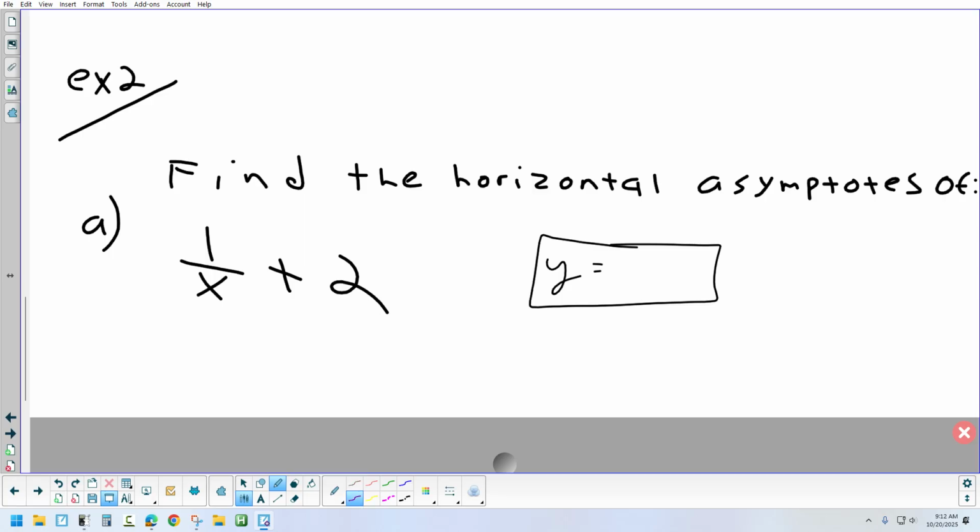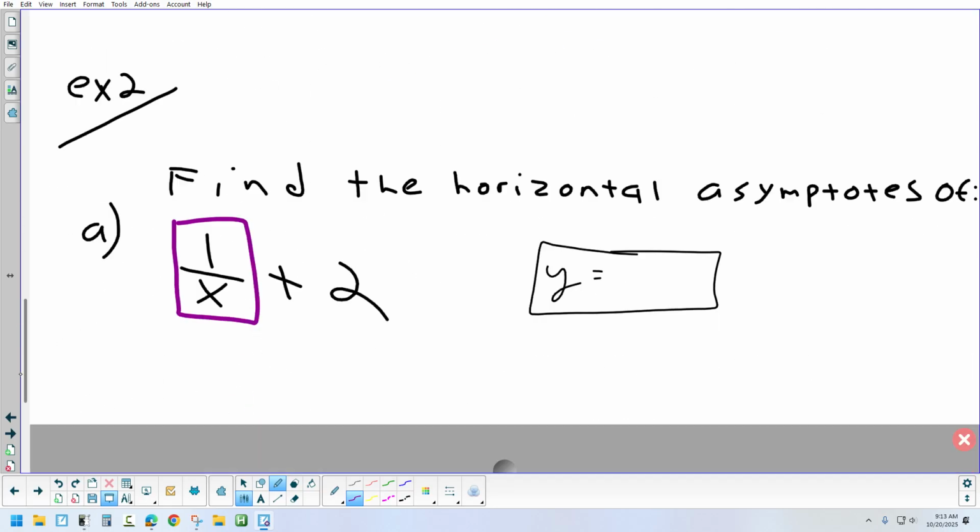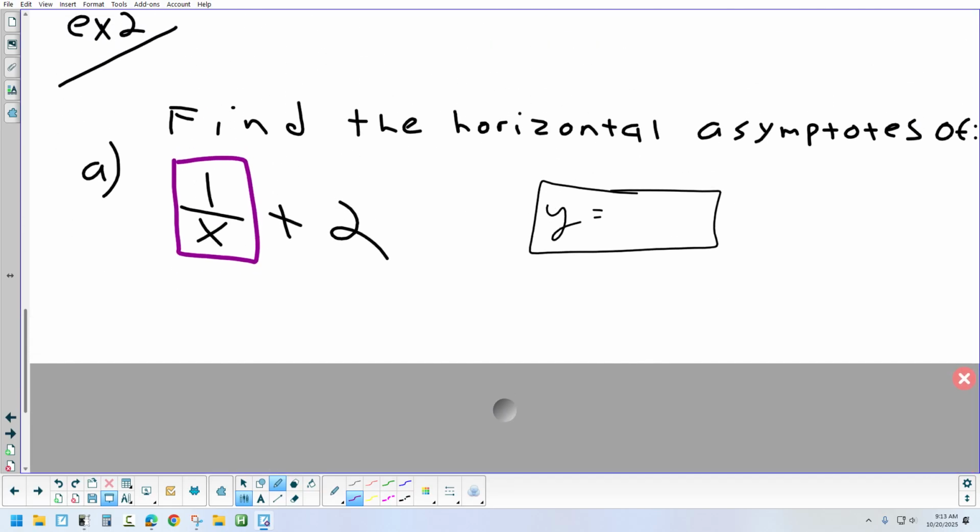First thing you want to do is look at the part of your fraction that has an x in it. We'll come back to the +2. To find the horizontal asymptote, let the x value get really big and plug it in. So what I want you to do is imagine plugging in infinity right there.